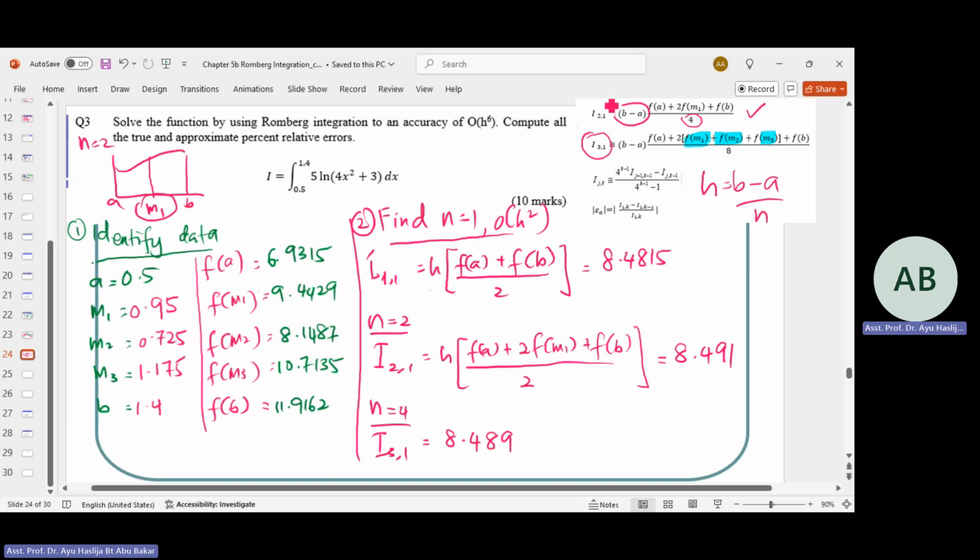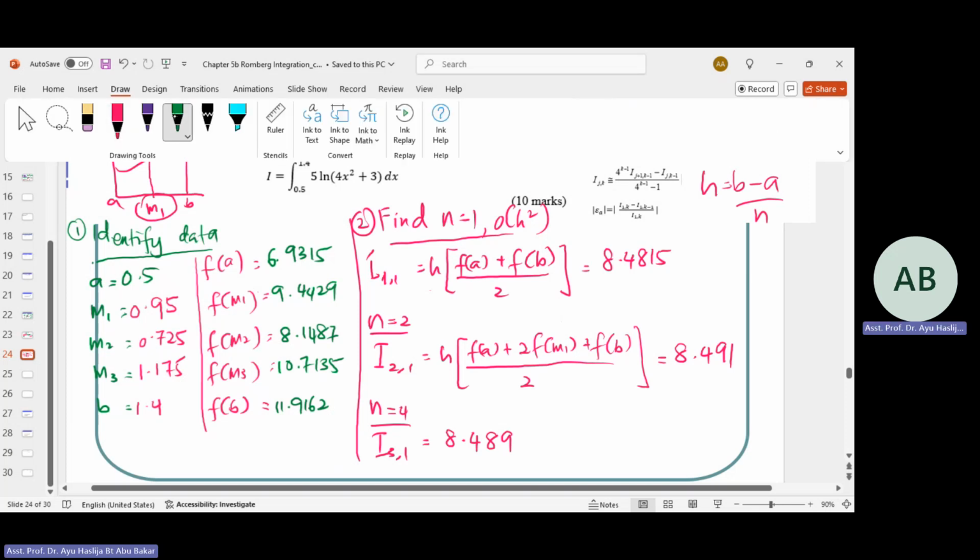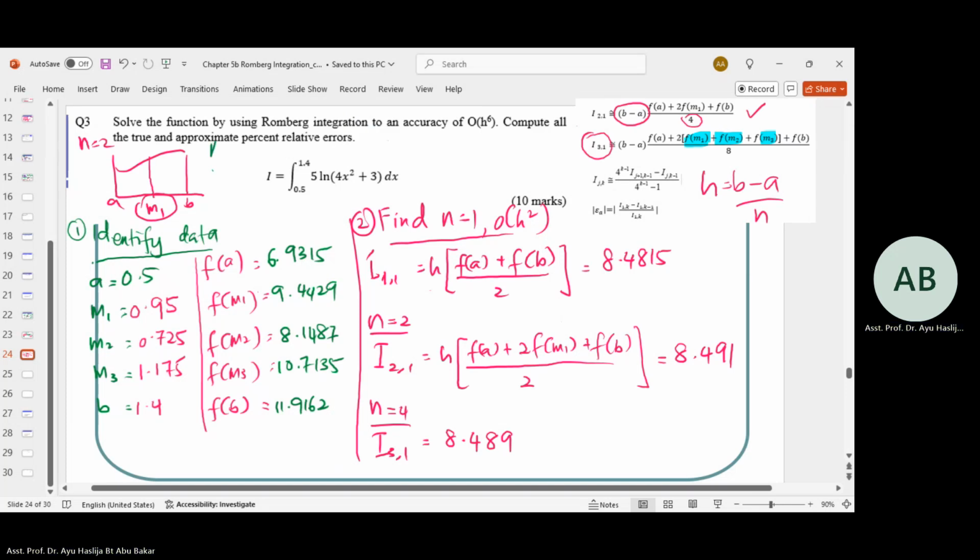Then when you have n equals to 4, green color, divide your segments. So this is midpoint number 2. Here is midpoint number 3. That's how I labeled yesterday. Okay?